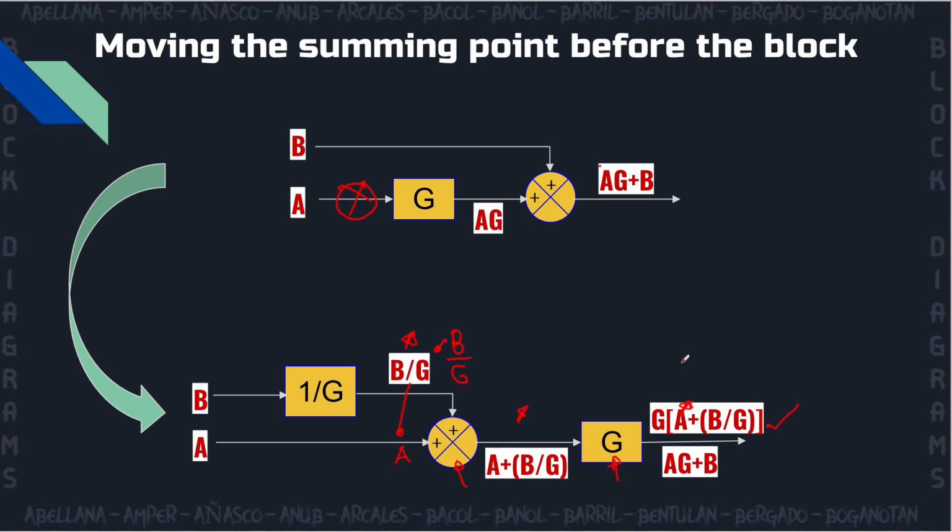So how did it become AG plus B? Here we have the equation A plus B over G. Now, if you want to get the output, we need to multiply the input by the transfer function G. So we will multiply it with G. Now we distribute G. It will now be GA or AG plus BG over G. We will just simplify this, cancel.